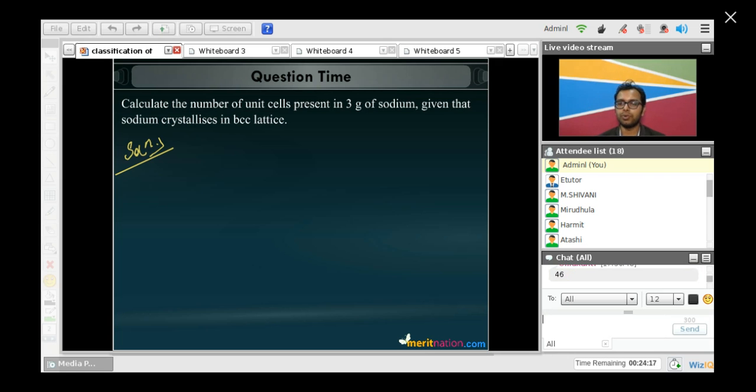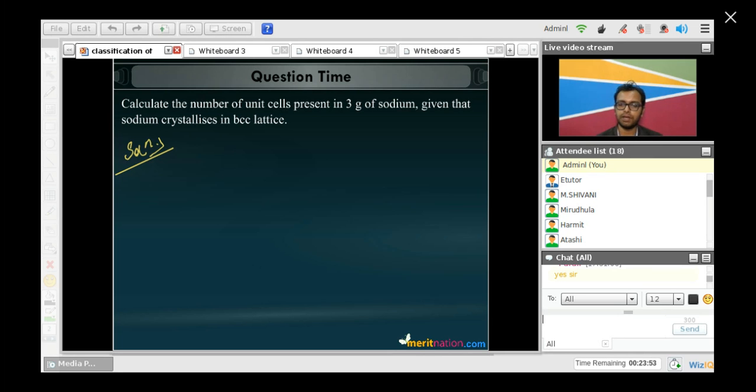Yeah, you can do it that way as well. Parul, you can calculate the mass of one unit cell and then divide the mass of the sodium sample that you have taken by that. So there are different methods that you can use, either of the methods. You can first calculate the mass of a unit cell and then divide the given mass by the mass of one unit cell, right? That is one way.